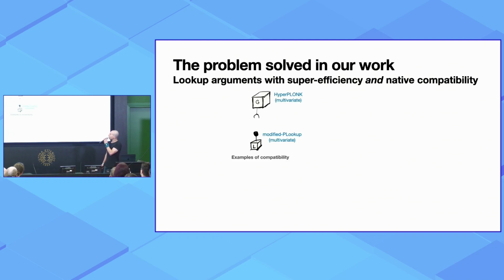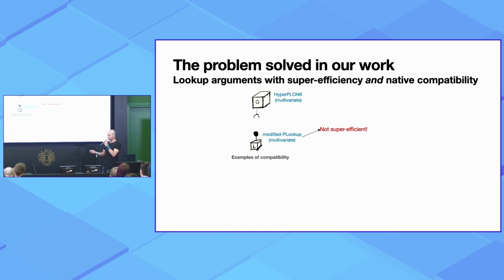Why do we care about proof systems such as HyperPlonk that are multivariate based? They have linear complexity, for example, and if you care about HyperPlonk, you may want to use it. The lookup used in the HyperPlonk paper is the modified lookup I mentioned, which is not super efficient.